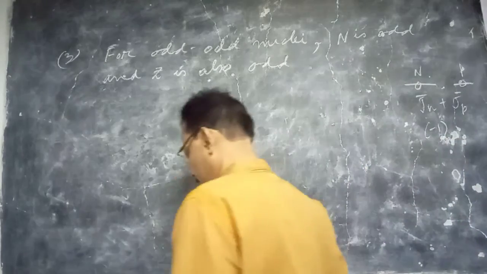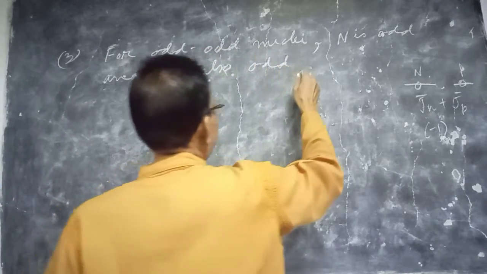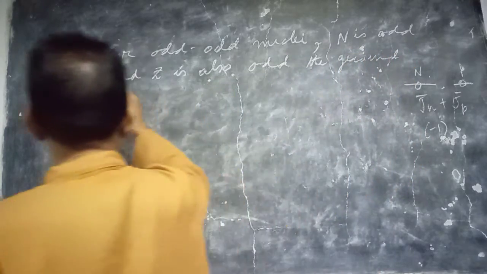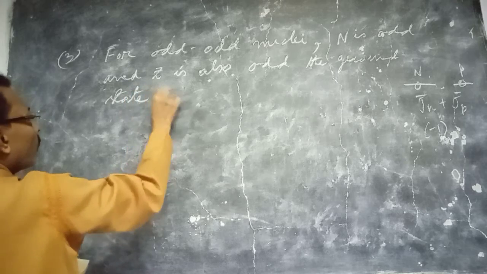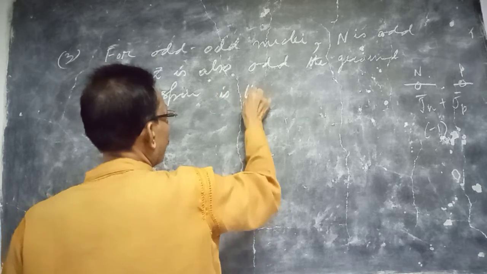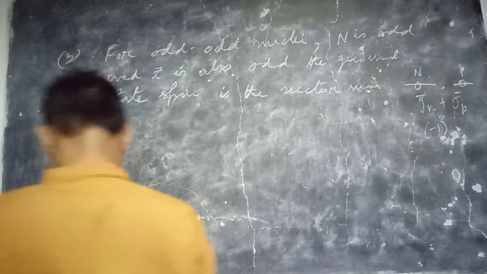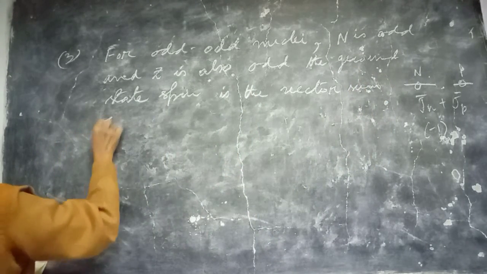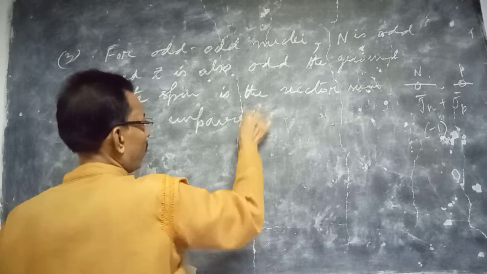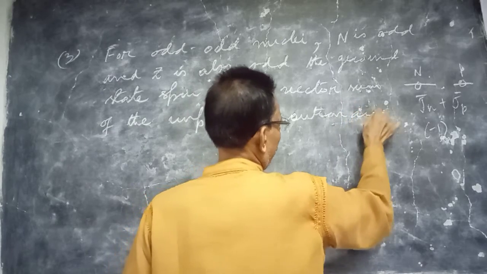Therefore, for odd-odd nuclei the ground state spin is the vector sum of the unpaired or single neutron and proton.